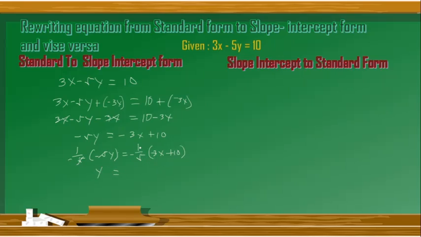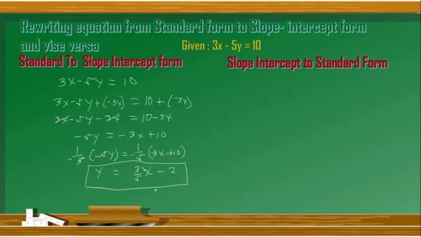Then negative 1/5 times negative 3x is positive 3/5 x. Then 1/5 times 10 is 10 divided by 5, which is 2. The answer is negative 2. So this is your simplified answer, or your converted equation from standard into slope-intercept form.